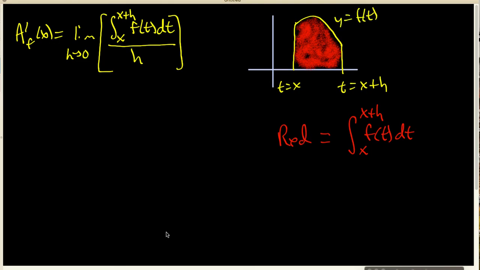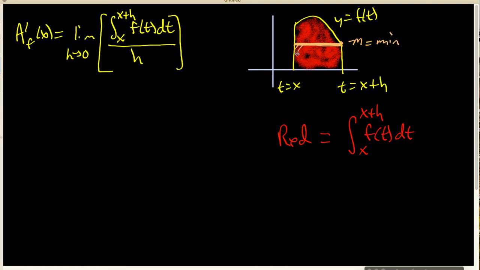Now, I'm going to use the extreme value theorem on the function f of t over the interval x to x plus h. First of all, what I want to notice is that I do have a global minimum on this particular function. The global minimum occurs over here at the right-hand endpoint. So that is my global minimum.